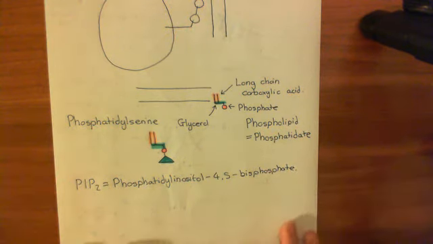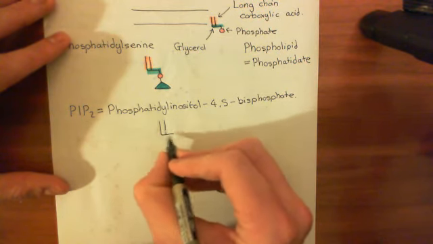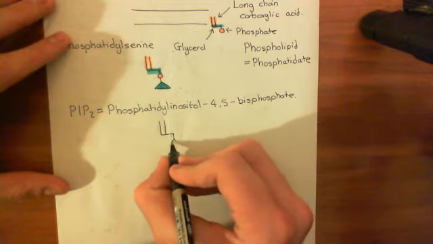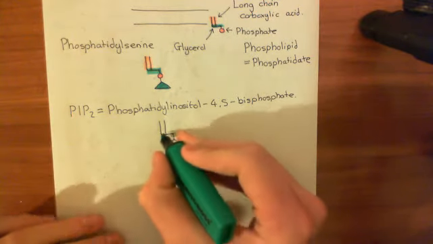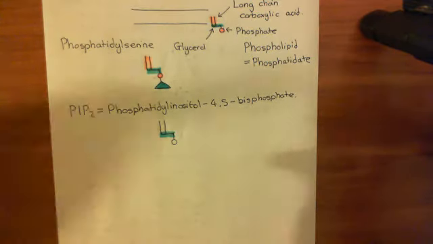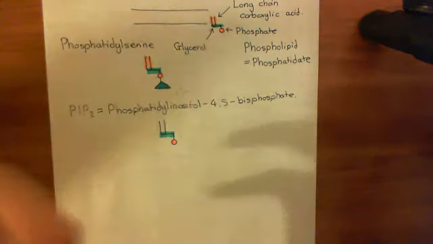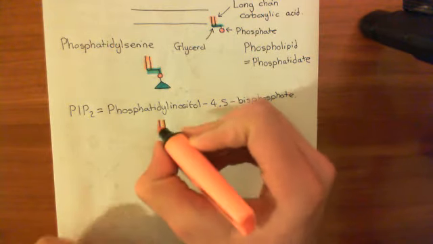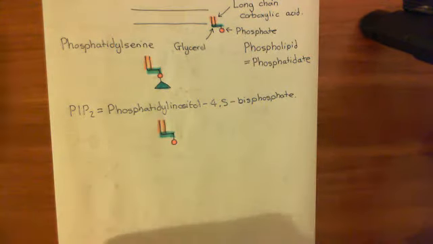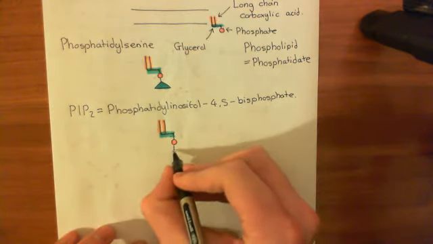So again, we'll draw out the structure of our normal phospholipids. So here are the long-chain carboxylic acids, the glycerol and the phosphate group. So let me colour those in. So glycerol was in turquoise here. The phosphate group was in red here, and the long-chain carboxylic acids were in orange here. Now, if we want to make phosphatidylinositol, then we need to link this to inositol this time.